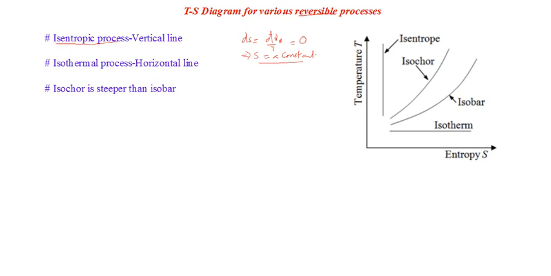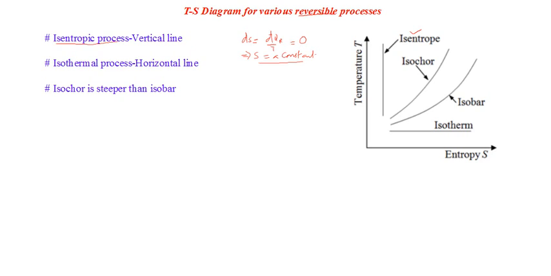So a reversible adiabatic process, which is otherwise an isentropic process, will be represented by a straight line in the TS diagram. On the diagram on the right side, you can see that the isentrope has been represented by a vertical line.